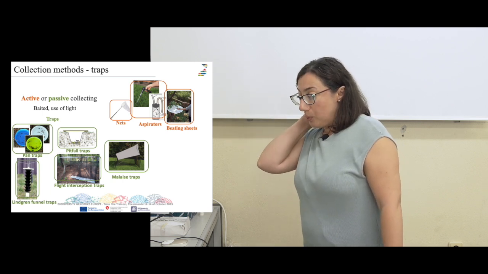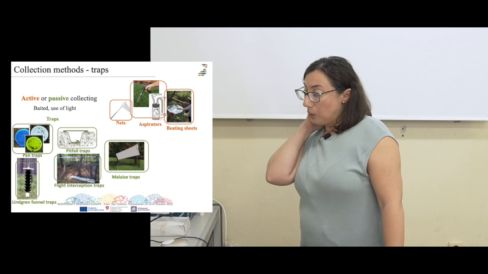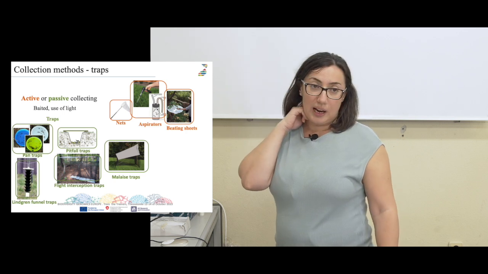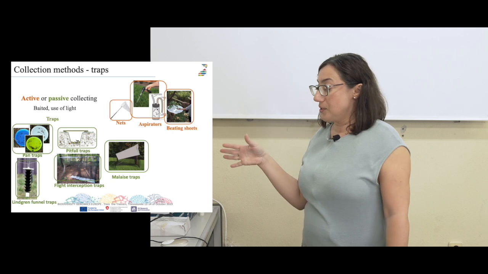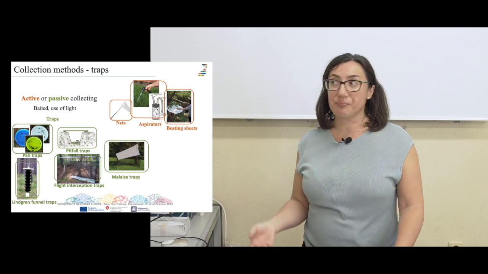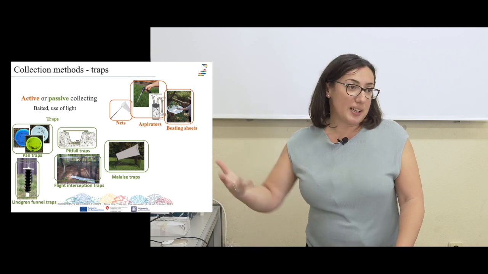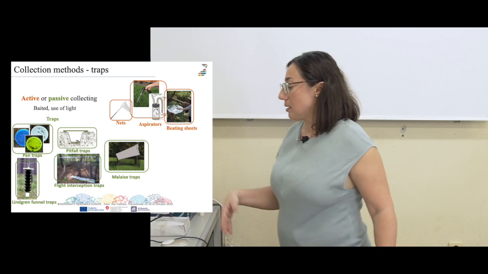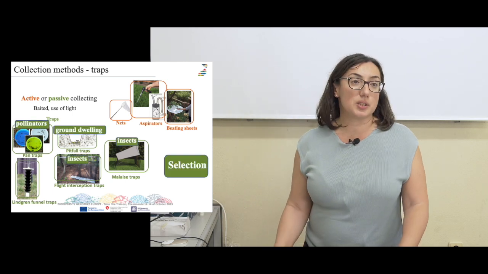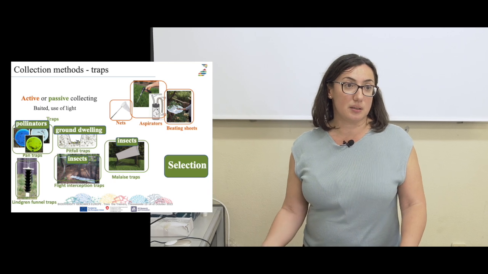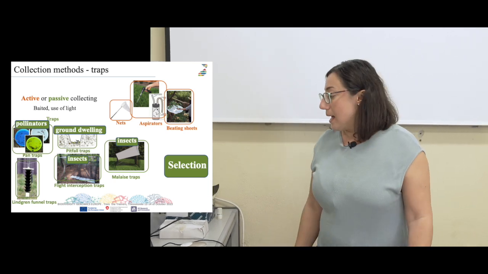There are two approaches to collect arthropods, and not only arthropods, but we're going to talk about that. There is active collecting, which requires more physical effort using nets and aspirators, and passive collecting, which involves the setup of traps.